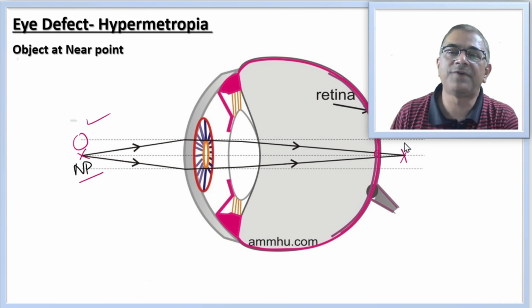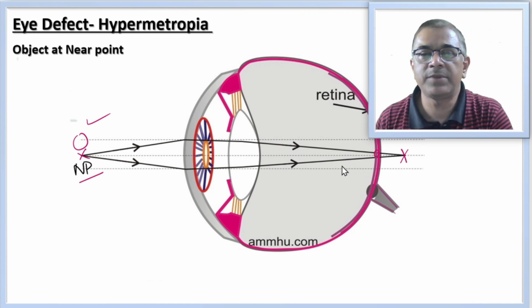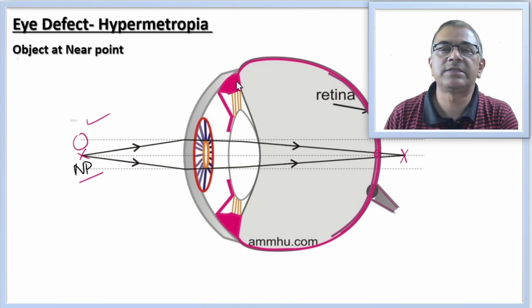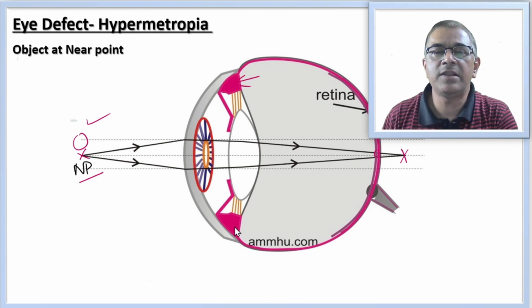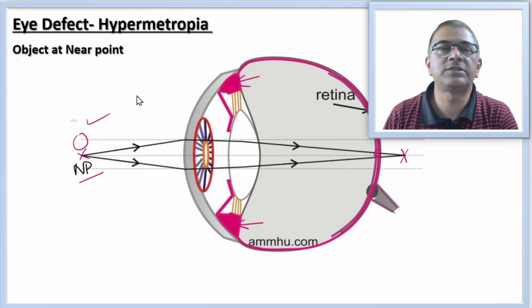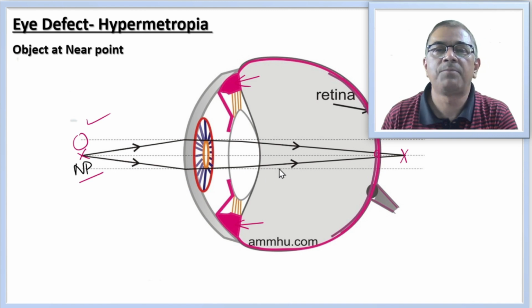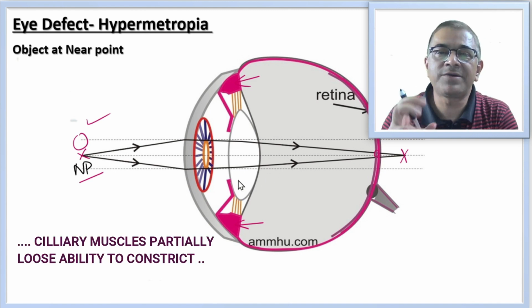Now the question is why this happens. This happens because the ciliary muscles partially lose the ability to contract.